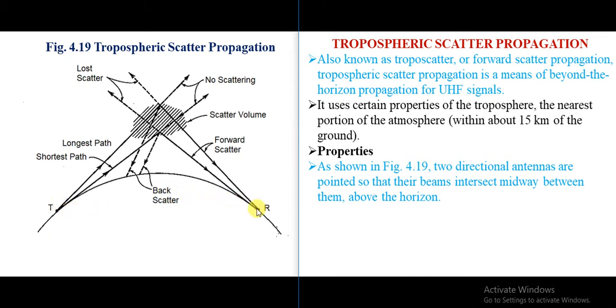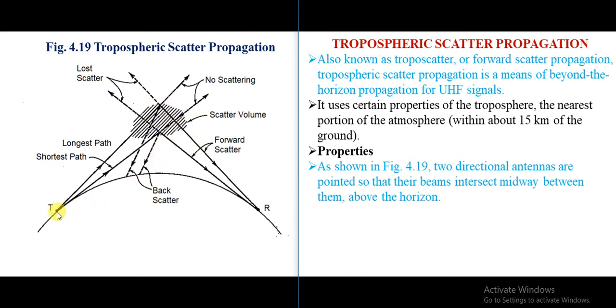The transmitter and receiver must see each other, a kind of space wave propagation. So in space wave propagation, that is line of sight propagation, in the same way here also the transmitter and the receiver antenna must be oriented in such a way that their beams intersect exactly midway between them.